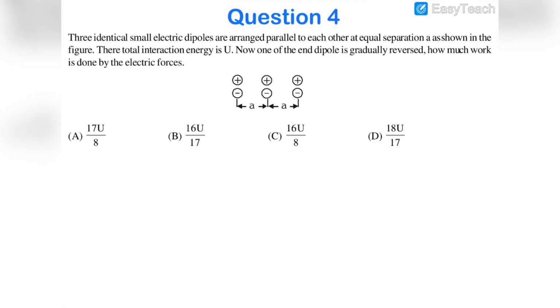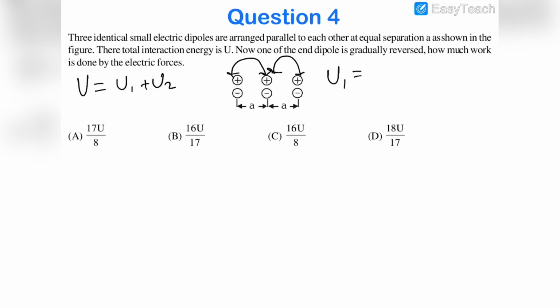So first of all, we know that U initially would be the sum of U1 plus U2, where U1 would be the interaction energy of these two plus these two.